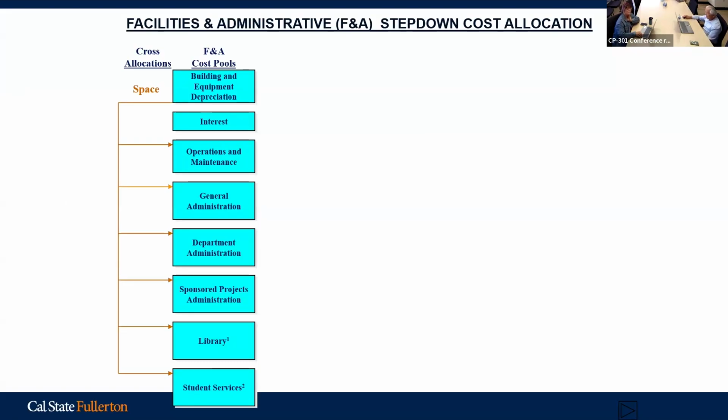So all these are calculated and accumulated into what we call cost pools. And there's a special formulation for the allocation. All the space-related costs, building, interest, operation, and maintenance, are allocated based on space. You have to take an inventory of the space.